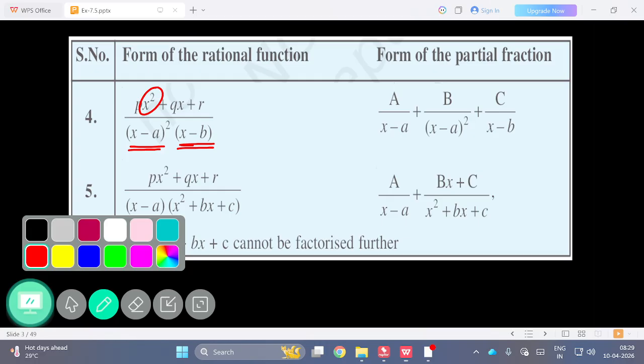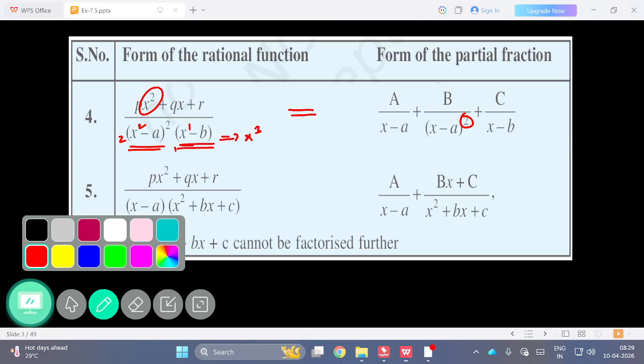Square. What is the power of x here? 2. Here 1. So power 2 and power 1 become x to the power 3, which means the greater value is in the denominator. Correct? Then we can separate the right side by the partial fraction method: a by x minus a one time, a by x minus a whole square two times, and then the third factor is different, that is c by x minus b.